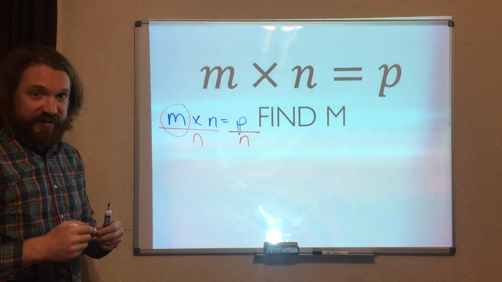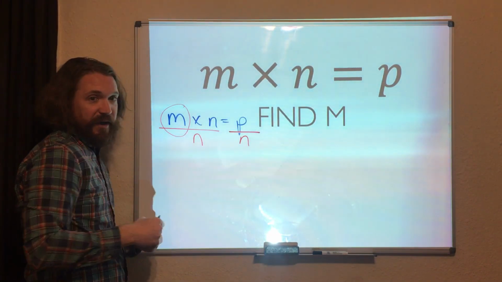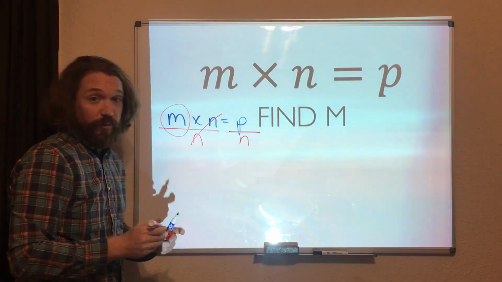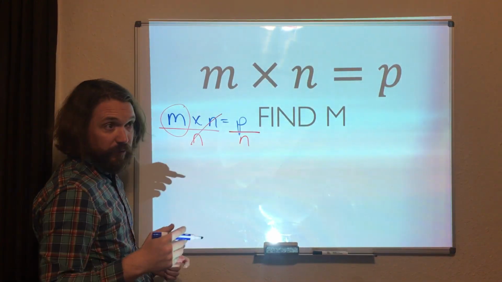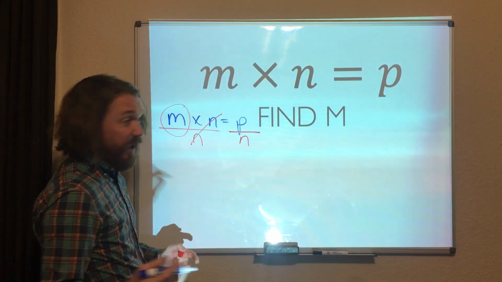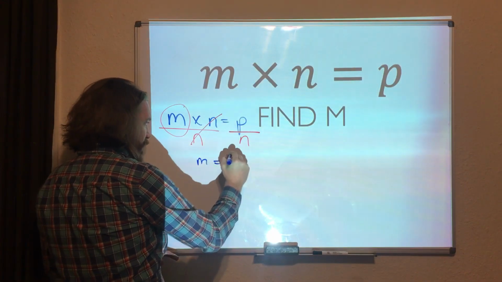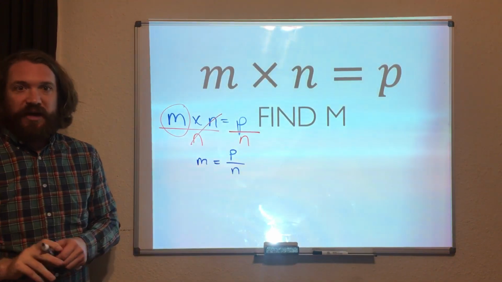So I divide this side by n. Again, anything divided by itself is 1. M times 1 equals m. All right? For example, 5 times 1 is 5. So m is by itself, and I bring this down, p divided by n equals m.